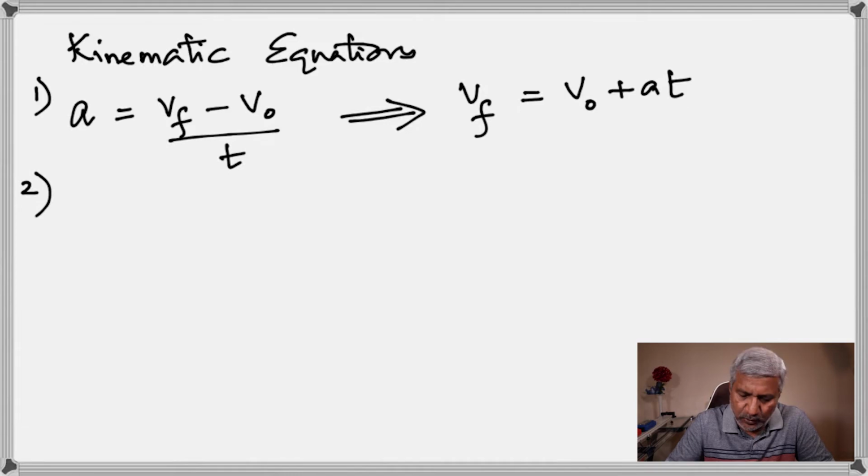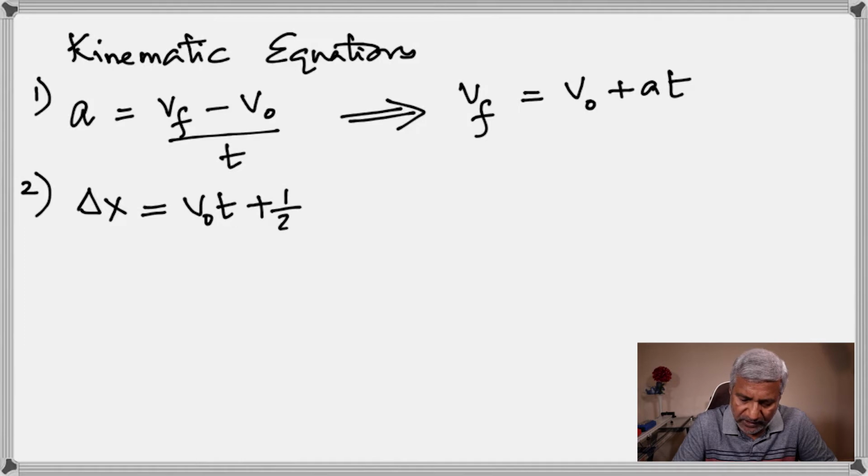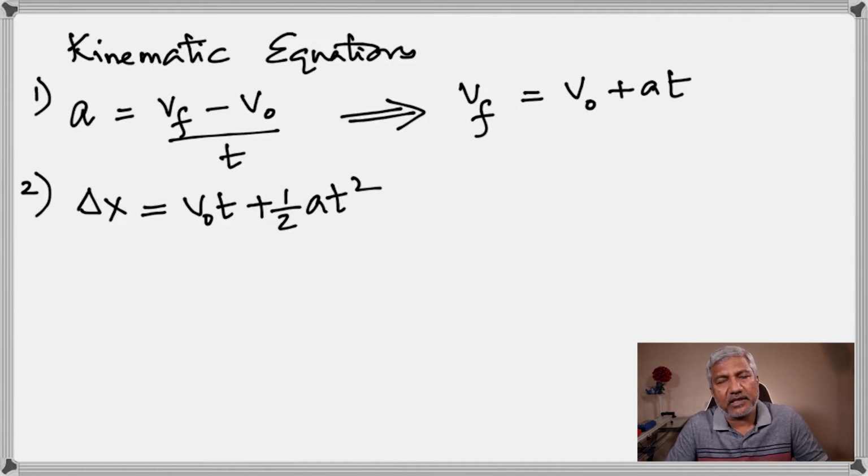Now, equation 2. You don't need to know how to derive these equations, but you need to know that what I'm writing now is the most important equation. Delta x is v naught t plus 1/2 a t squared. You know the terms there.